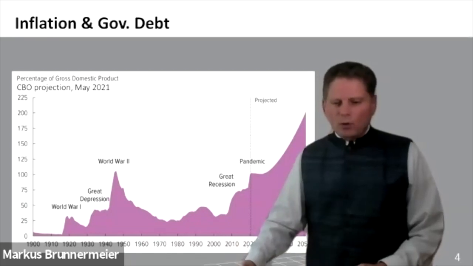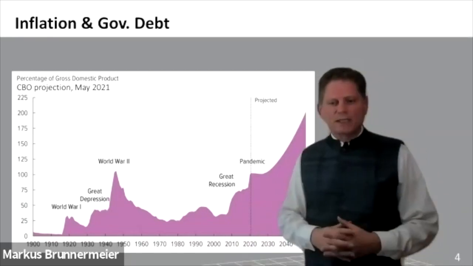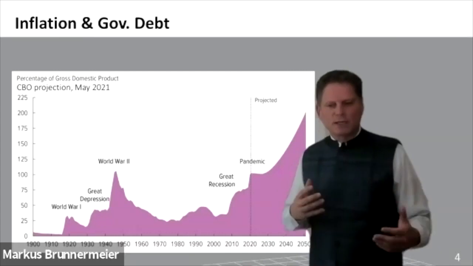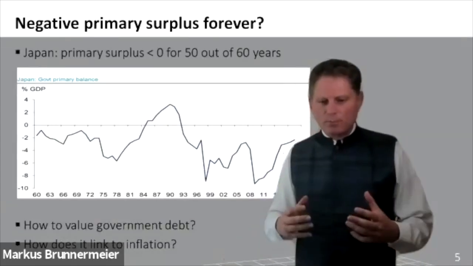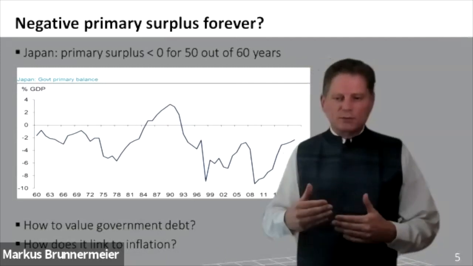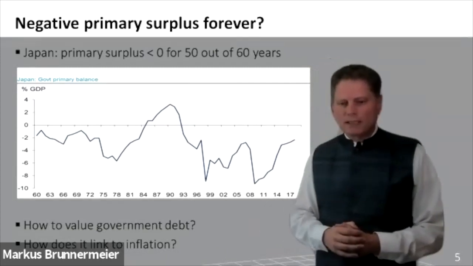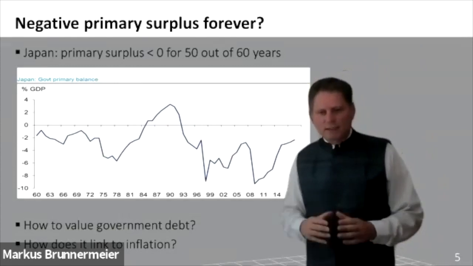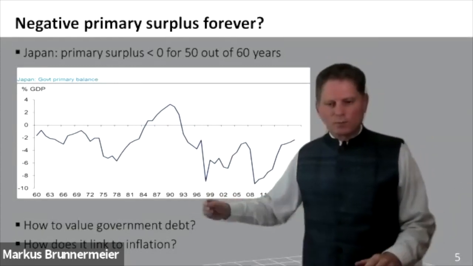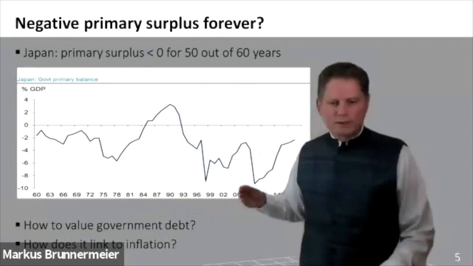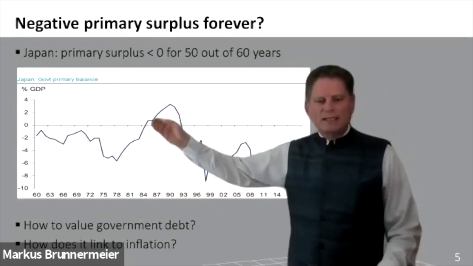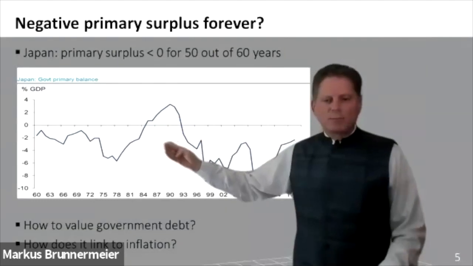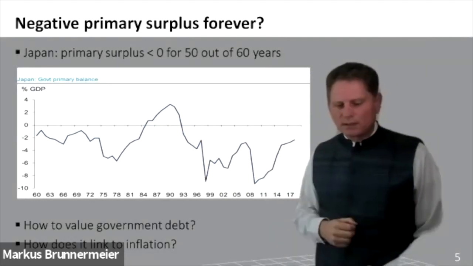And of course, it always helps if we do monetary theory to look at Japan, because Japan experimented with many of these phenomena. If you look at the primary surpluses, how big is the deficit or the surplus per year for a country, in Japan in the last 60 years, from the 1960s onwards, there were always primary deficits. There were a few years, 8 years, with some primary surpluses, but otherwise there were always deficits.